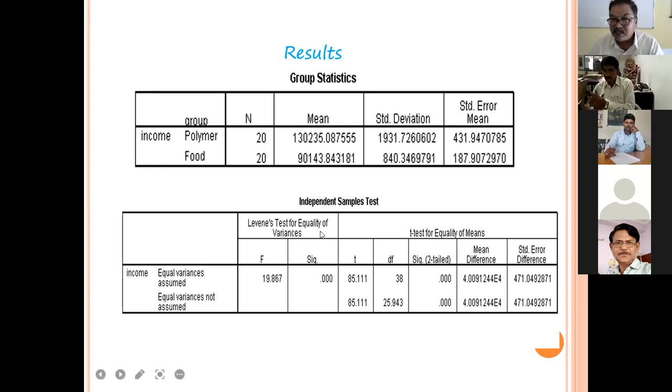Null hypothesis means equality; the alternative hypothesis means not equal. The meaning is that the variance within the polymer science is different, the variance within the food science is different, and the variance between polymer and food is also different. That's the first analysis you have to make.